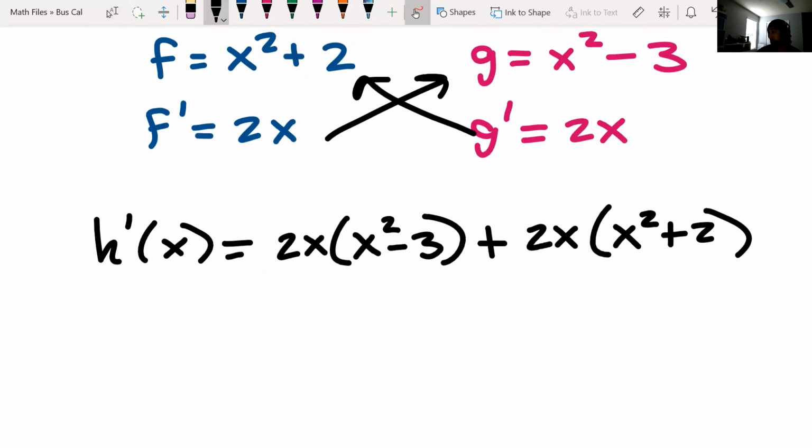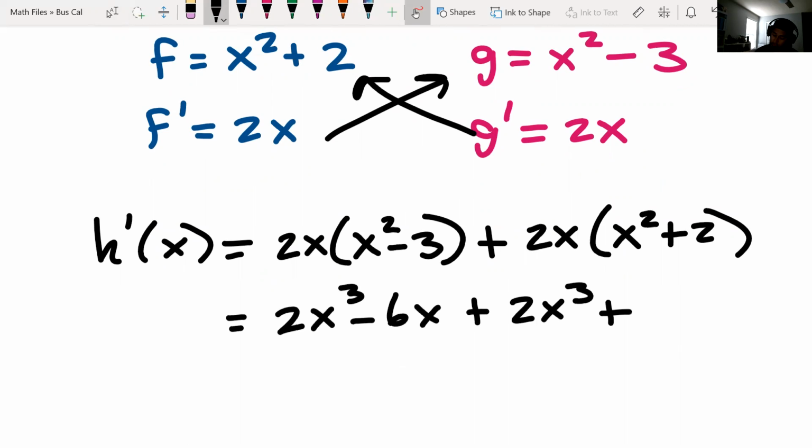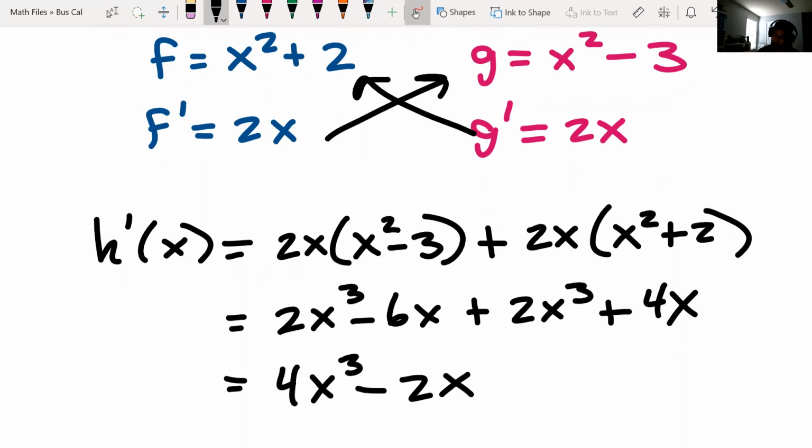Okay, again, calculus is done, product rule is done, algebra from here. Distribute that: 2x cubed minus 6x plus 2x cubed plus 4x. Combine like terms, and we get 4x cubed, negative 6x, and 4x minus 2x.